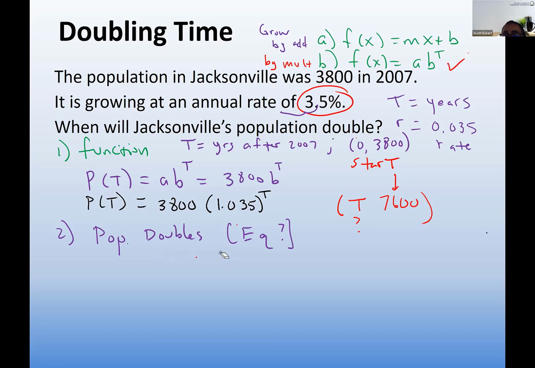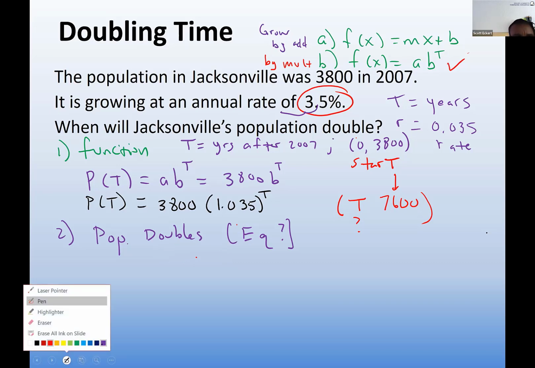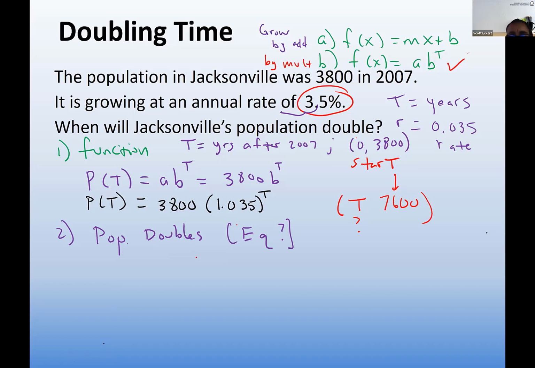They're going for 7,600 people. So how do I turn this into an equation? You make one side equal to 7,600. Exactly. We're going to plug this in to the population.